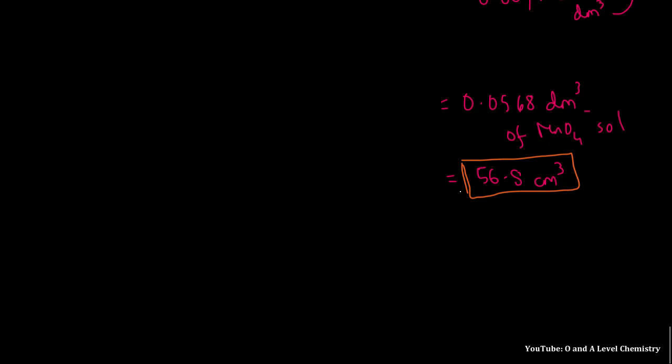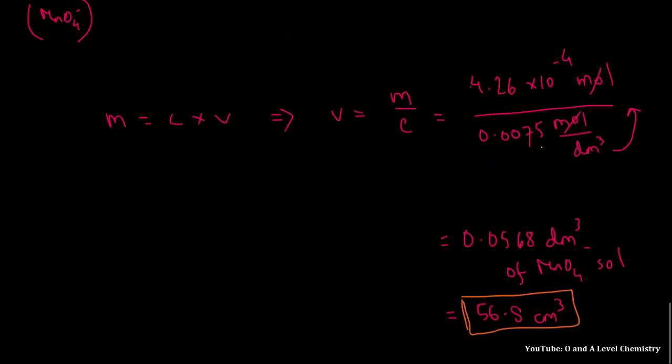You don't want that. A higher volume is good because it gives you a low percentage uncertainty, but a very low volume is also bad. You don't want 10 cm cube or something. An ideal titre should be maybe 25 cm cube. So in order to reduce the volume, you can increase the concentration of the MnO4 minus, so the titre volume goes down a bit and it's easier to do the titration.